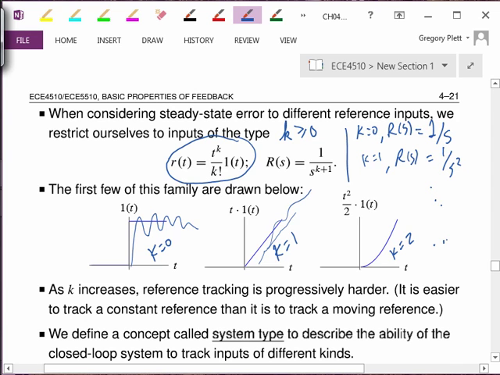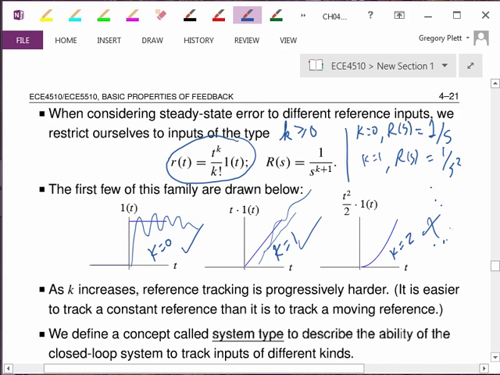In the third case, it's not only moving, it's accelerating, and then beyond that, it has higher moments. So it gets harder as k increases, and this is why this family is nice to think about. I can track that one and that one, but not that one, and that lets you think about things in a consistent way.